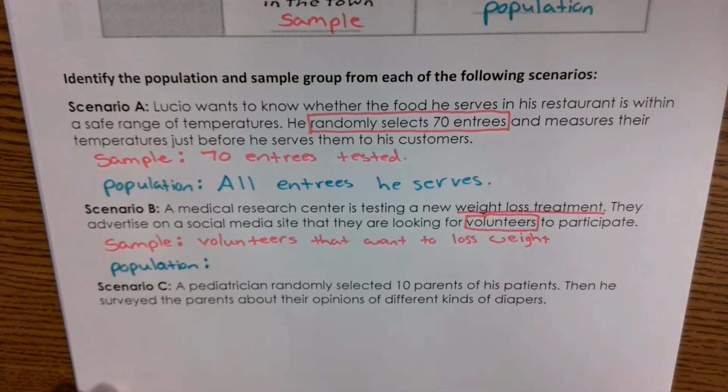So am I gearing it towards like Richie? Yeah. Does Richie look like he needs to lose weight? No, he's straight. So you are gearing this population. I don't care for the people who are underweight or who are already fit.